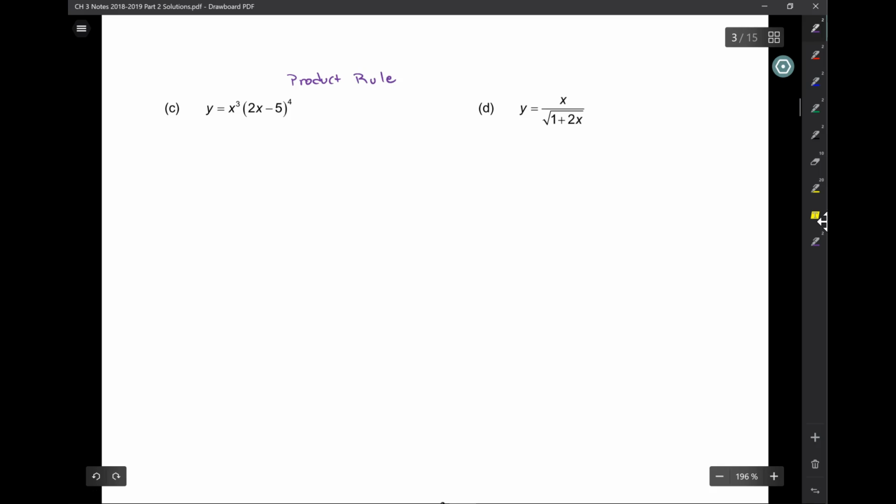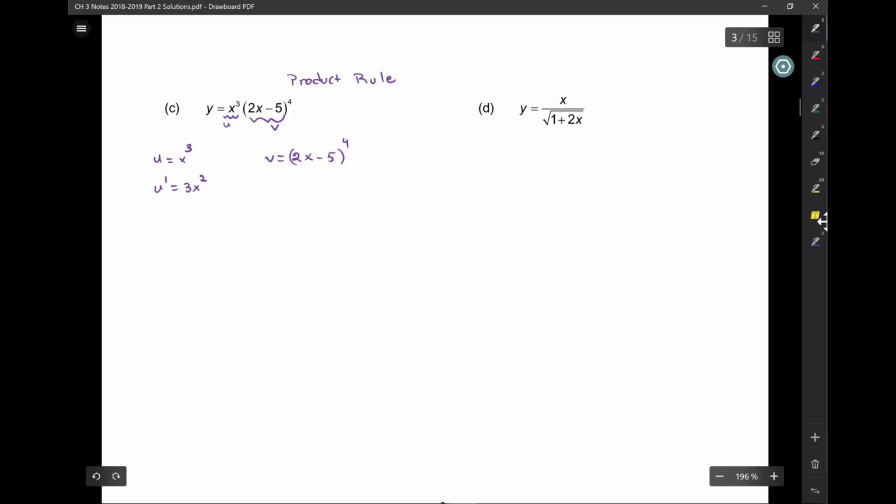Okay? So what's u here? u is x cubed, and this is v: 2x minus 5 to the power of 4. So we're going to do chain rule within the v prime. u prime is just 3x squared.